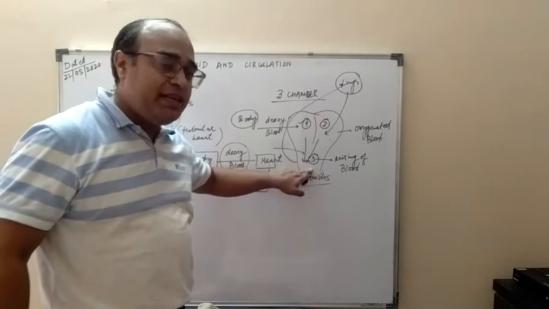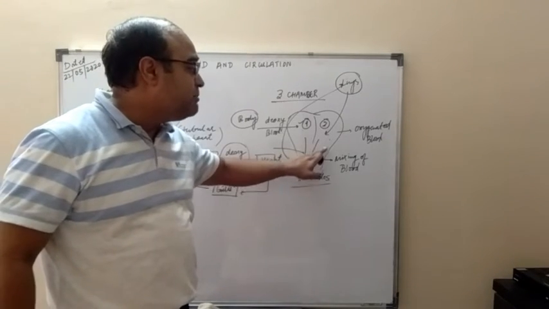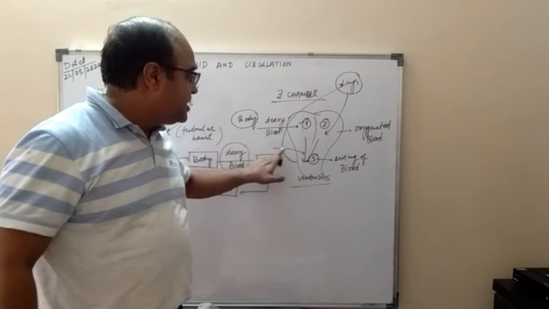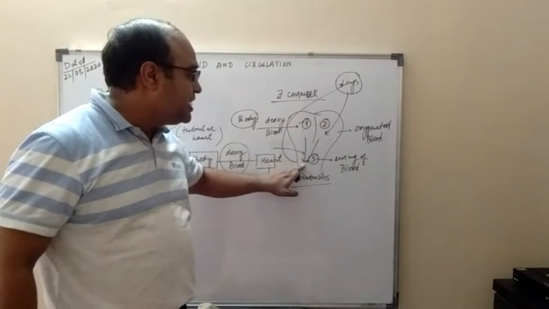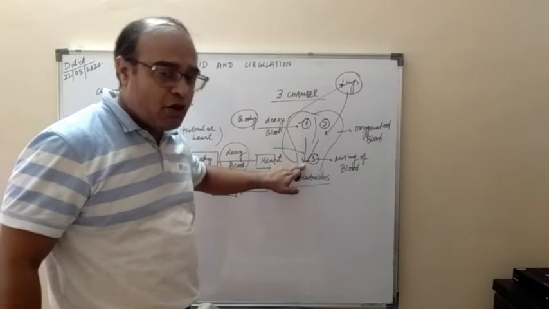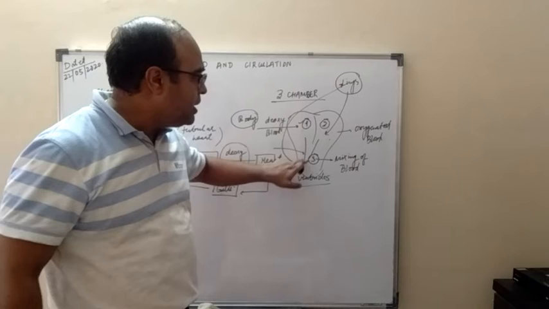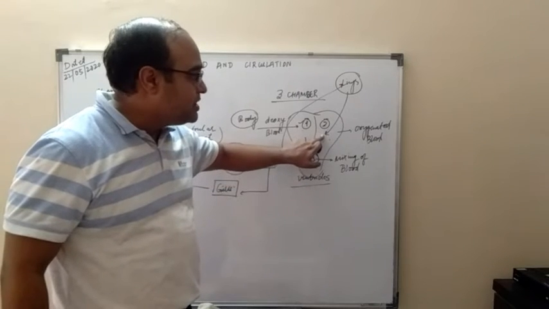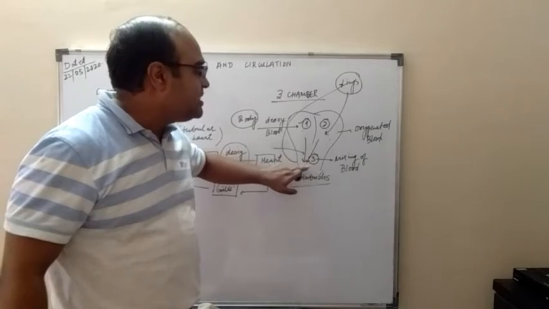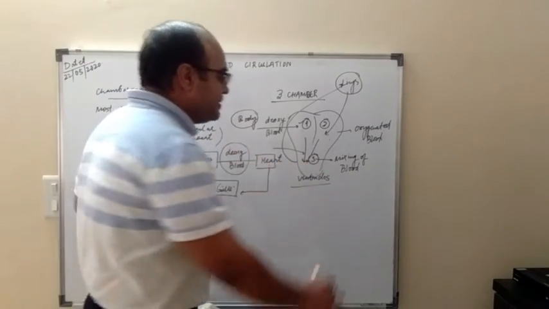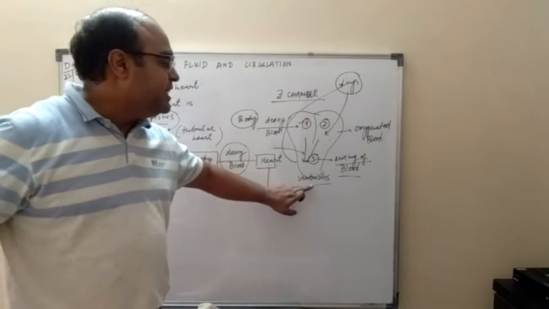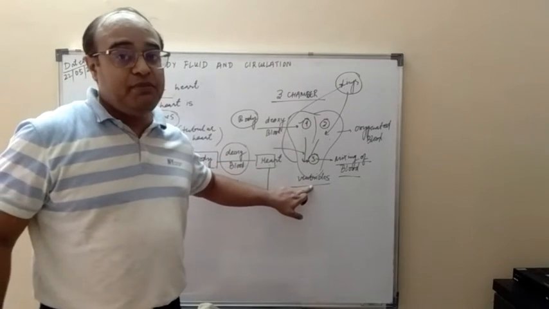As I have previously told you, there is no demarcation between left and right ventricle. The first chamber was pushing the deoxygenated blood here, so there is deoxygenated blood already present. Now this second chamber is pushing the oxygenated blood here. So there is a mixing of oxygenated and deoxygenated blood in the ventricle of the amphibians.